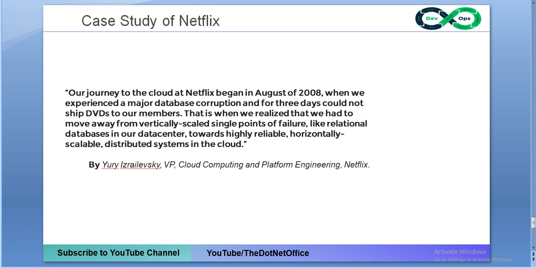Now we will see a small case study of Netflix, and in the description you can find a link to the case study of Netflix, which you can refer to and learn briefly about Netflix. I'm going to give the overview of how they used DevOps and how it helped them.